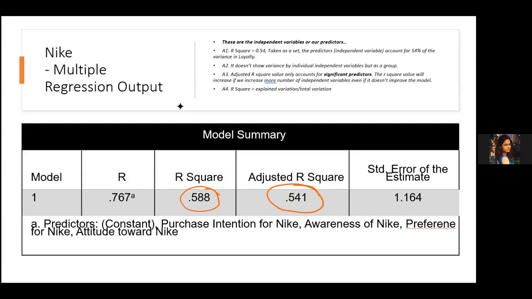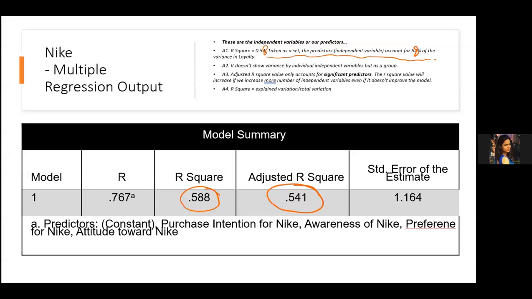So R square value is 0.58. It is telling 58% of the variance in loyalty. All these parameters are telling 58.8% of the variance in loyalty.